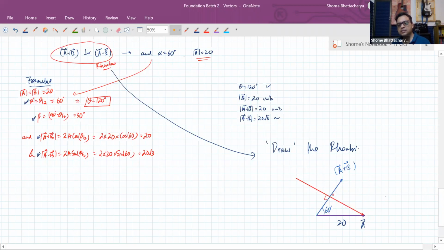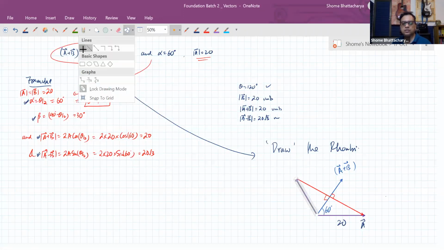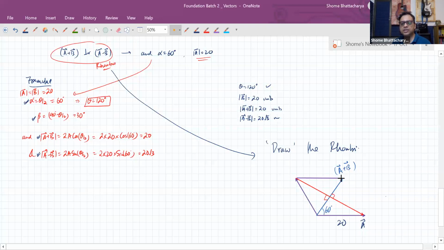The second vector is definitely making an obtuse angle, and that obtuse angle will be double of this 60 degrees because it's a rhombus. Why is it a rhombus? Because the diagonals are perpendicular, so it can't be anything else. It has to be by default equal sides. The four sides have to be equal. Only then this angle can be 90 degrees. So these four sides are equal.